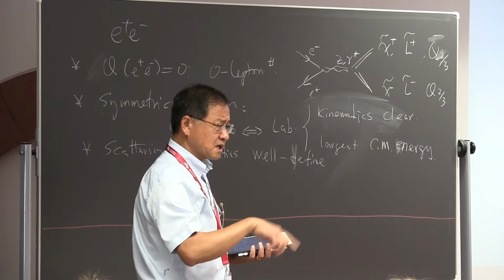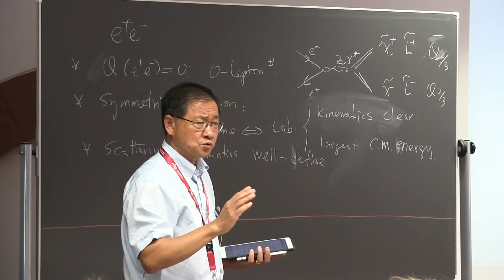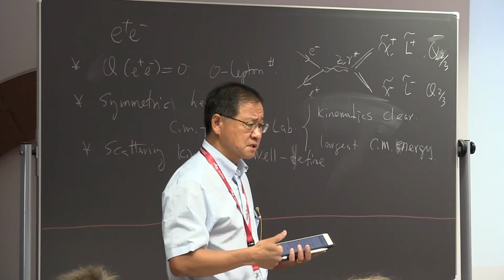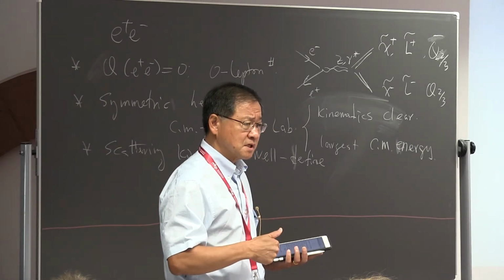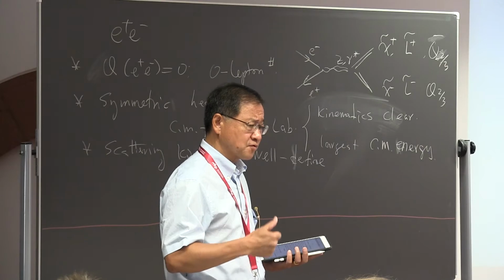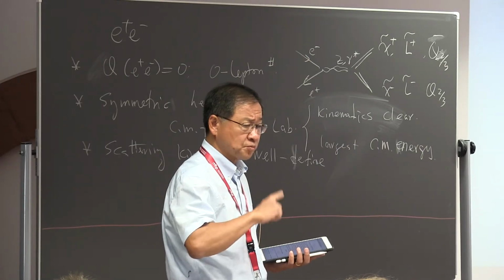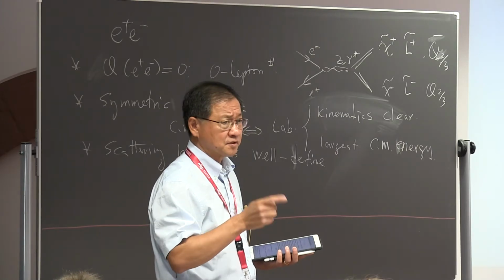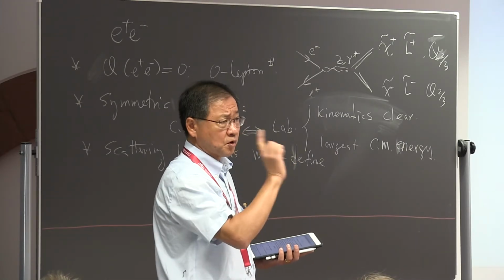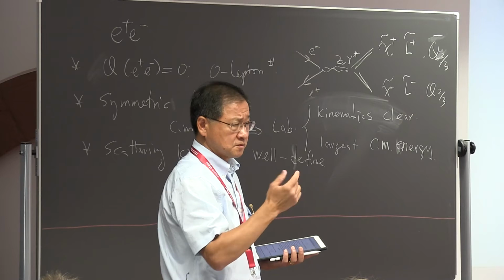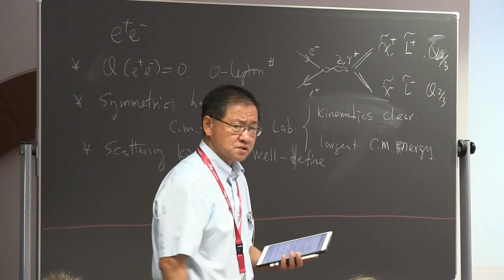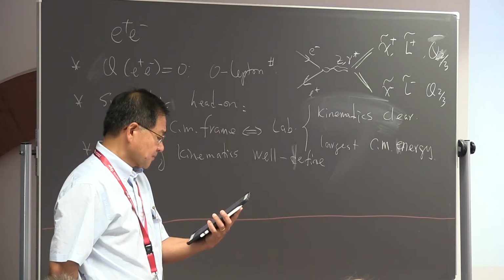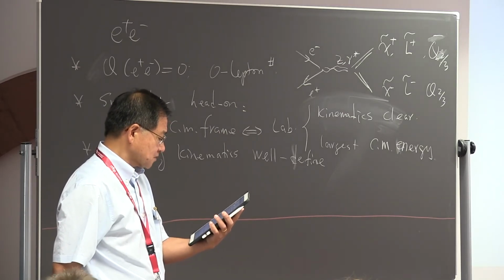The azimuth angle typically is not important, but it may be important for the polarization, which I want to comment on later. Once you have the beam polarization, the azimuth angle is relevant. Otherwise, if you don't have transverse beam polarization, there's no transverse preference. Therefore, the azimuthal angle phi is trivial, and the only variable is the polar angle, cosine theta, in particular for a 2-to-2 process. Everything is so clean, so well defined. So you can perform precision measurements and so on and so forth.